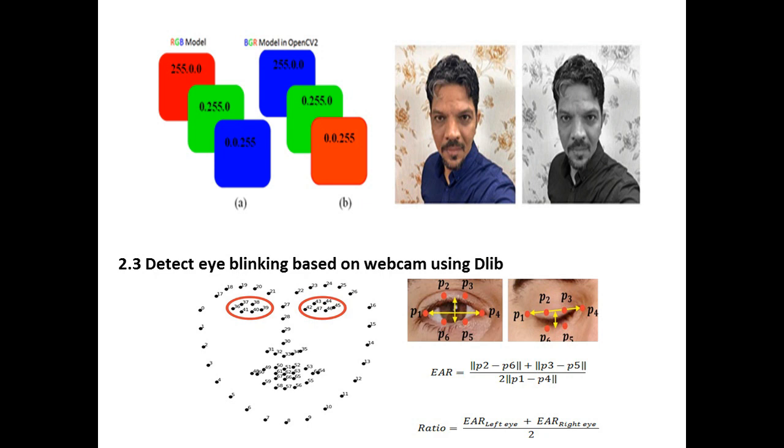The horizontal line length for the right eye is the distance between points 42 and 45, while the vertical line length is the midpoint between points 43 and 44 and between points 46 and 47. After that, the ratio of blinking is calculated from the equations.